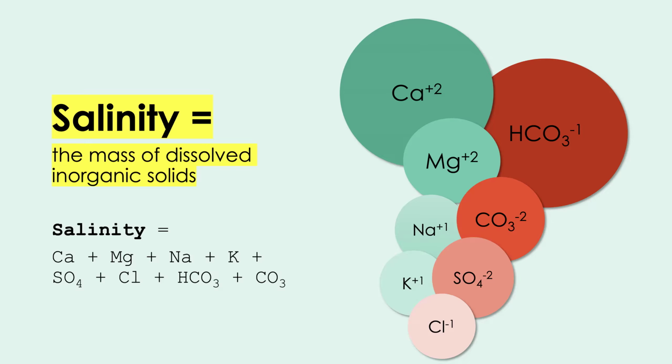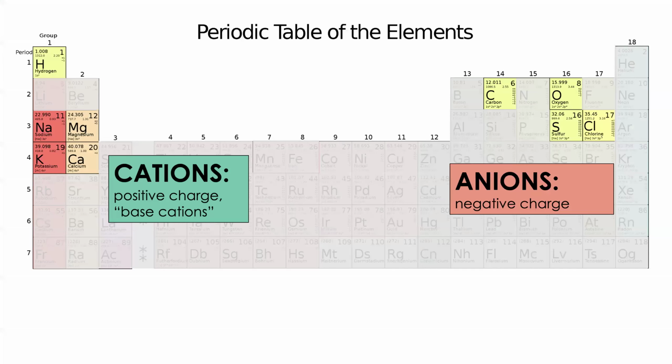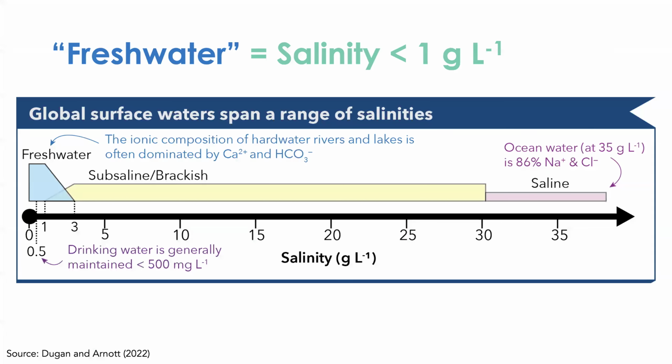So the challenge here is there are natural salts, there are human derived salts, and also to actually measure salinity, you have to measure all of these ions and add them up. This is another diagram, if you're familiar with the periodic table of elements, showing salts found in different places.